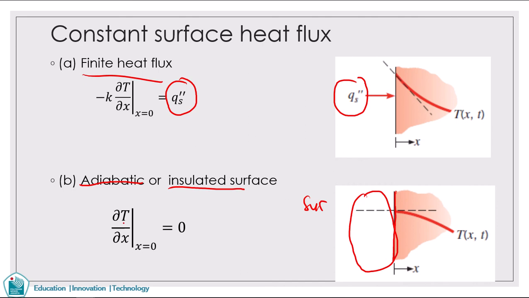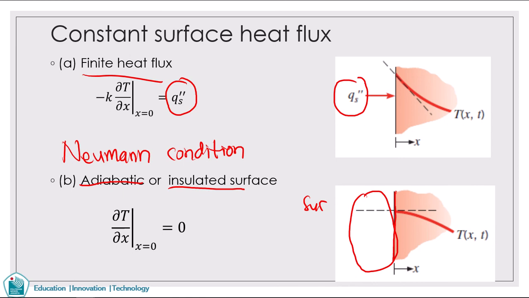So the change of the temperature at x equal to 0 will be equal to 0. There is no change. This condition is called the Neumann condition.